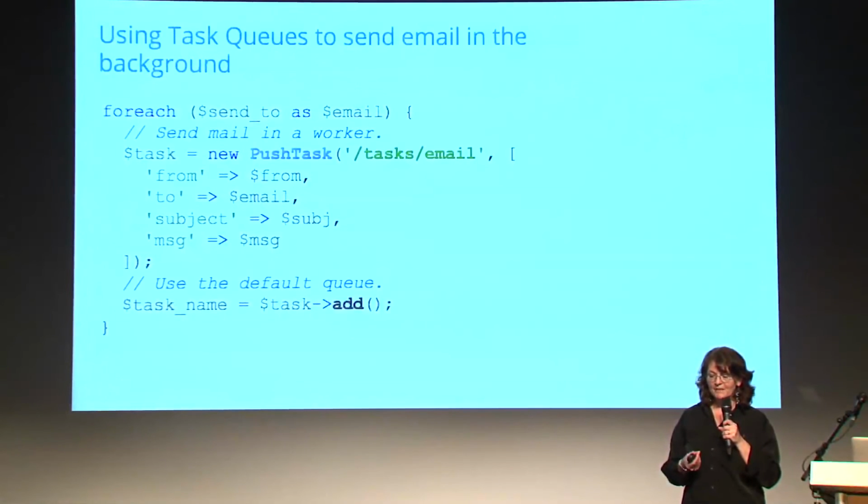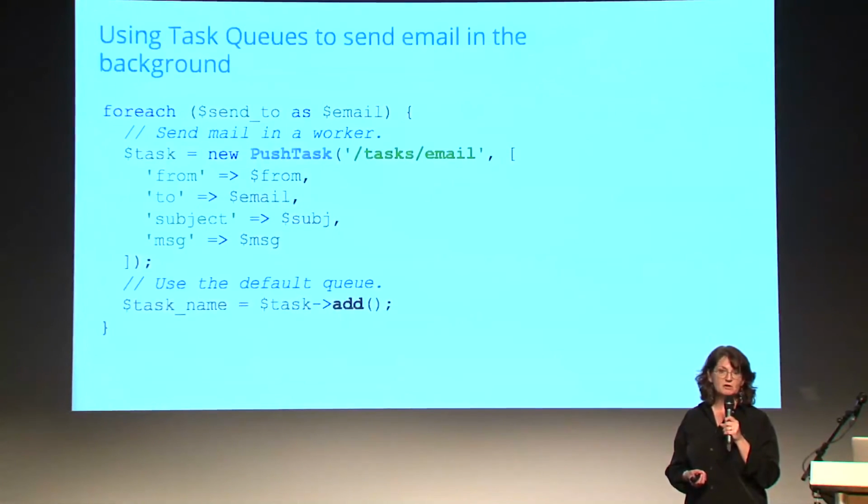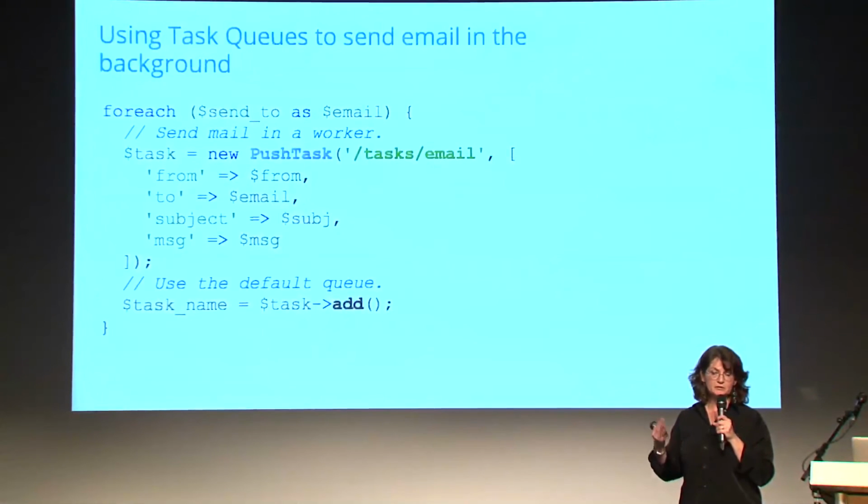So we're going to define a new push task. We're going to pass it the worker URL, tasks email, and pass it an optional array of parameters. And then we're just going to add it to App Engine's task queue. Here we're using the default queue. You can also define other queues and name them and give them different configuration characteristics.